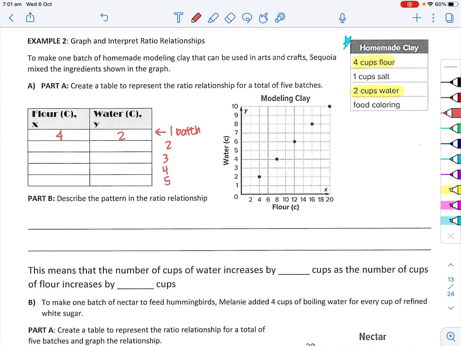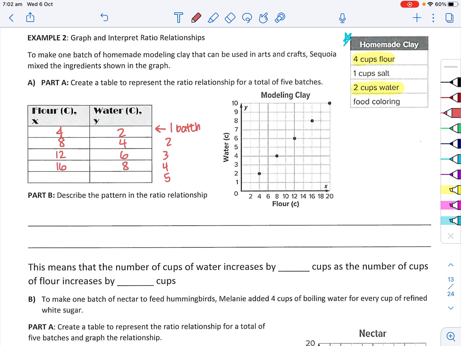If I increase my flour by 4, I have to increase my water by 2. And I'm going to finish off my table. So I should have 4, 8, 12, 16, 20, and then 2, 4, 6, 8, 10.